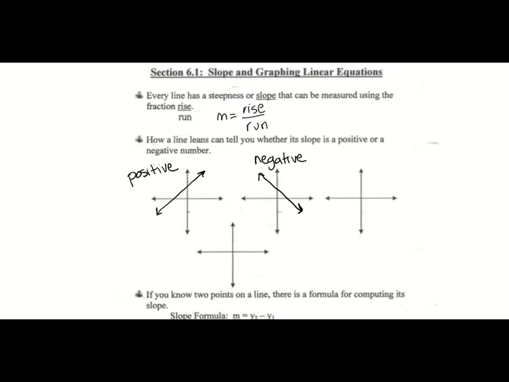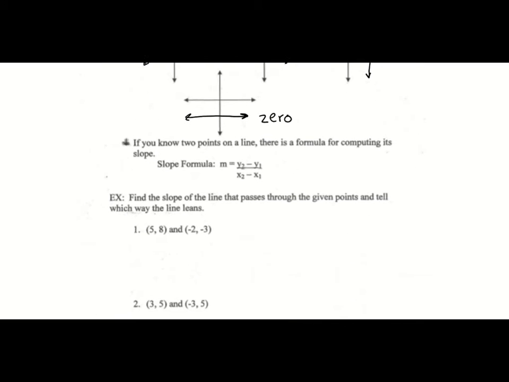Then if we have a vertical line going up and down, this is undefined. And then our last slope, if we have a horizontal line, that is a slope of 0. Okay, so that's just generally telling us what our slope should look like.